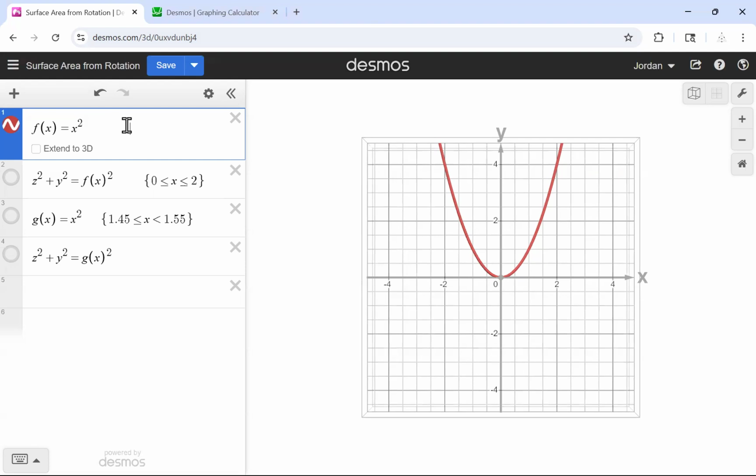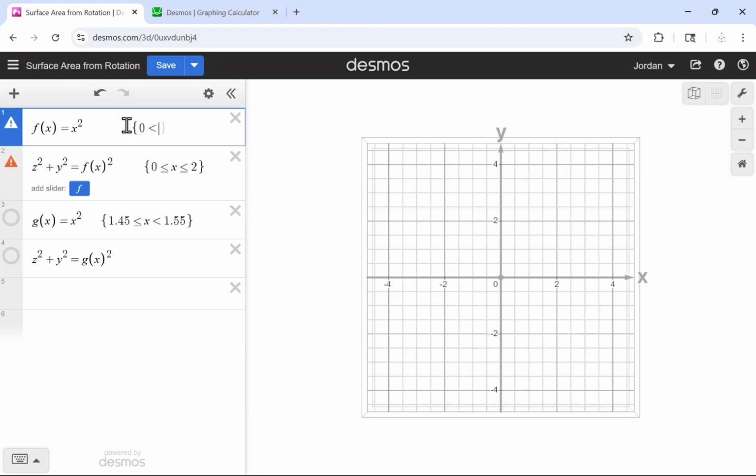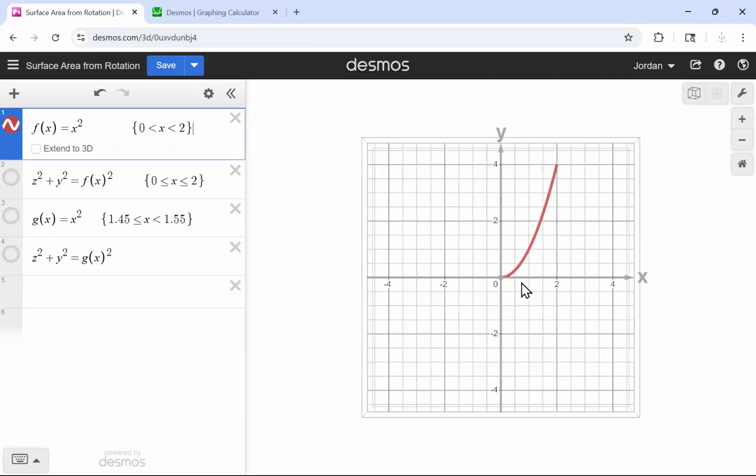And we want to take that piece of the curve and rotate it around, let's say, the x-axis.